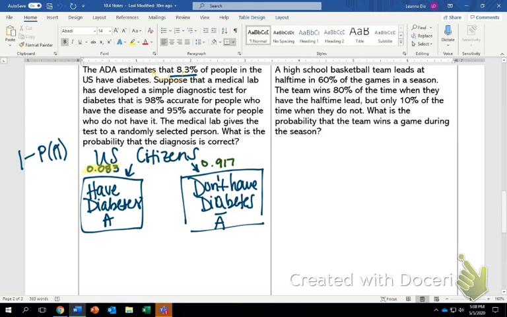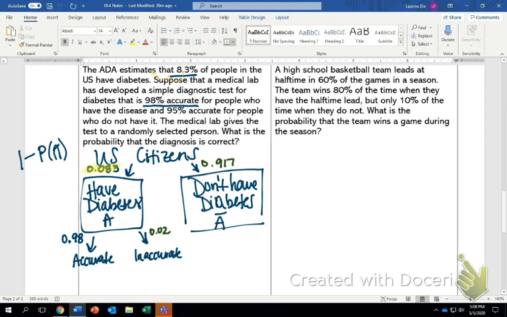So let's just focus on the people who do have diabetes. They take this test, and the test can either be accurate or it can be incorrect or inaccurate. They say that for the people who do have diabetes, it is 98% accurate. So by the arrow pointing to accurate, I'm going to say this is 0.98 of a chance of being accurate. The complement would be 0.02.